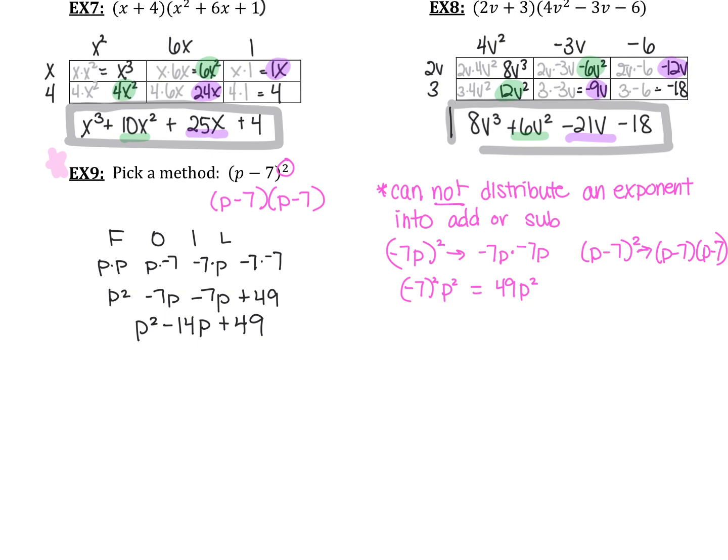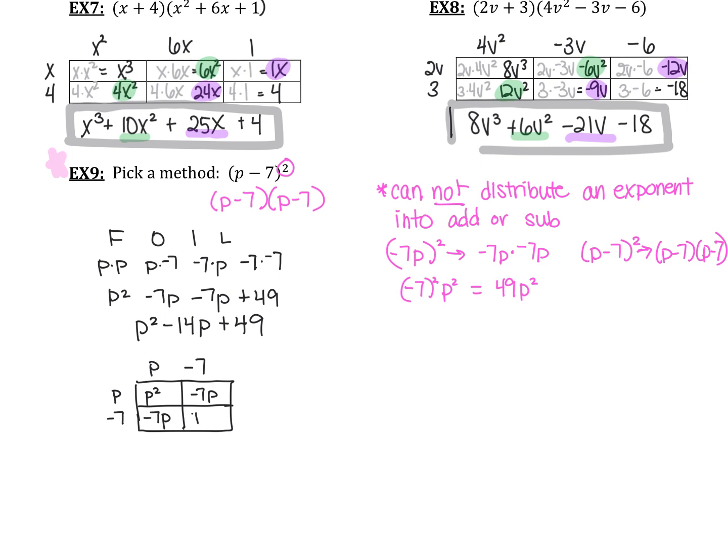Now let's look at it if we had used the box. If we had used the box, I would have a p and negative 7 down the left-hand side and a p and negative 7 across the top. P times p is p squared. P times negative 7 is negative 7p. Again, negative 7p.